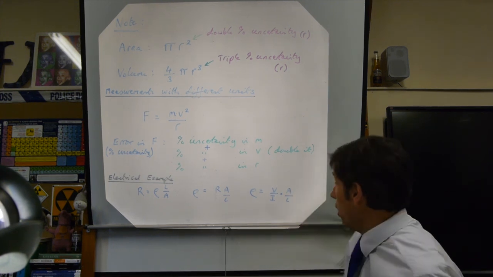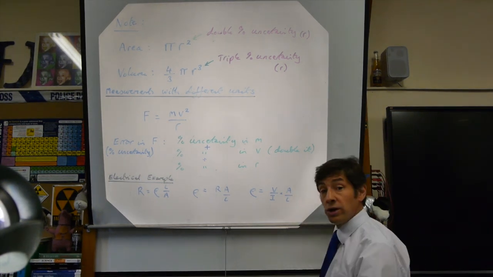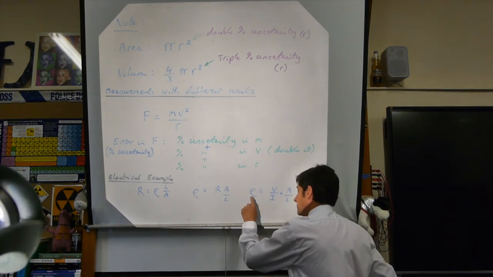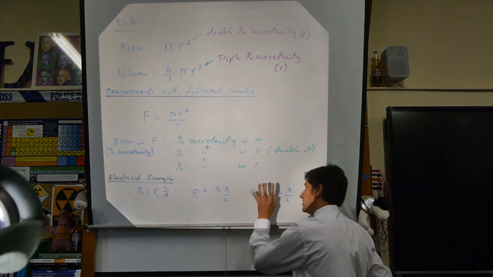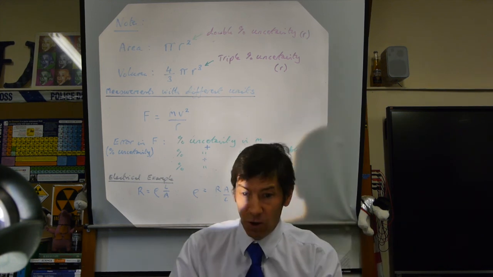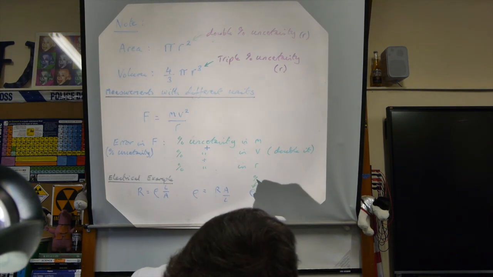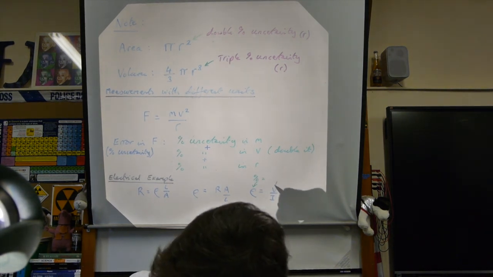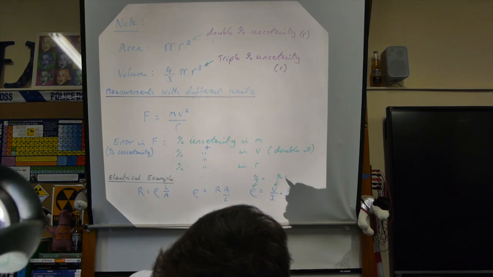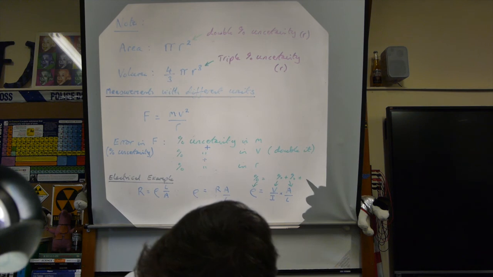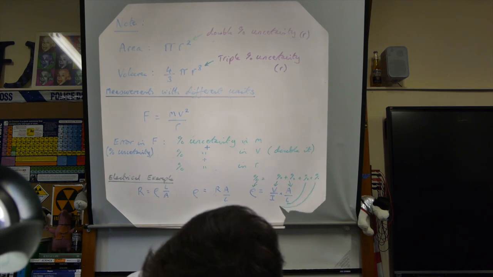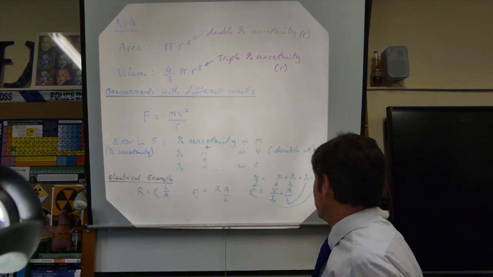So I hope you can see what we need to do here to work out the percentage uncertainty in this value, the resistivity rho. It's going to take me a while to jot all this down, but the percentage uncertainty in that one is going to be equal to this one plus this one plus this one plus the percentage uncertainty in that one.